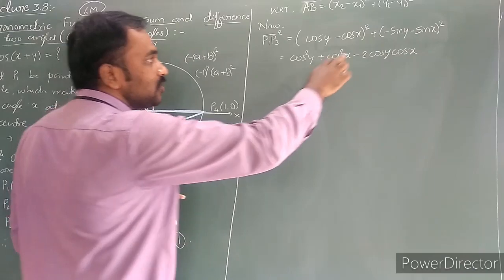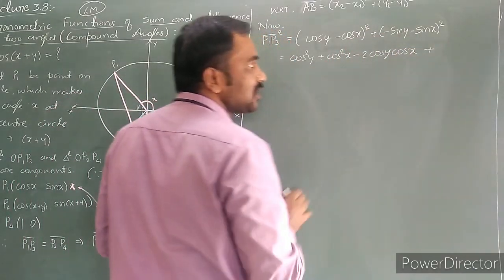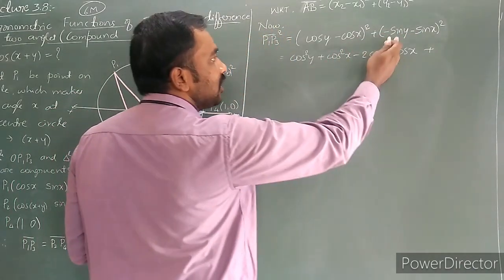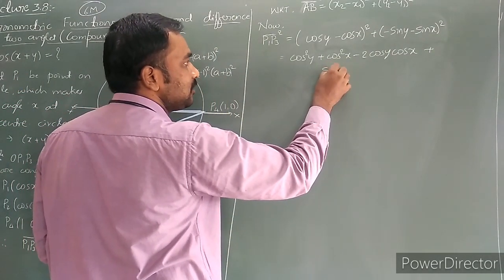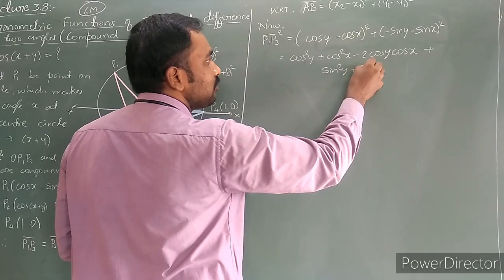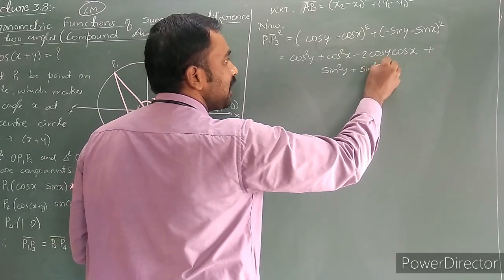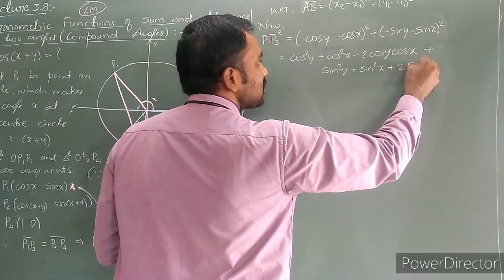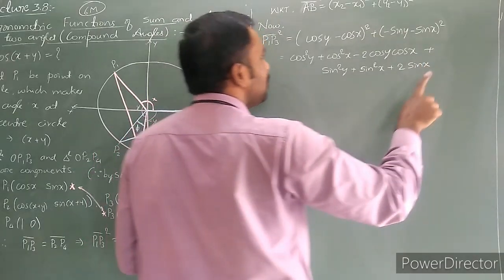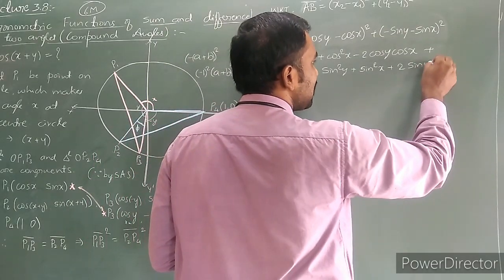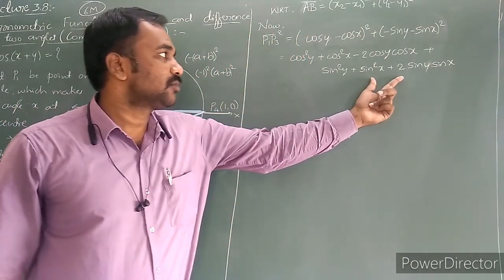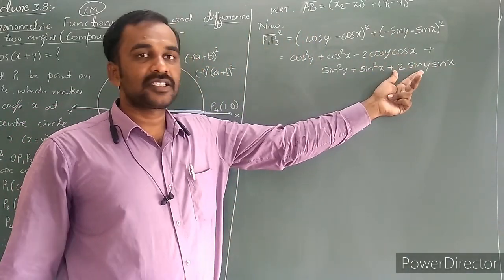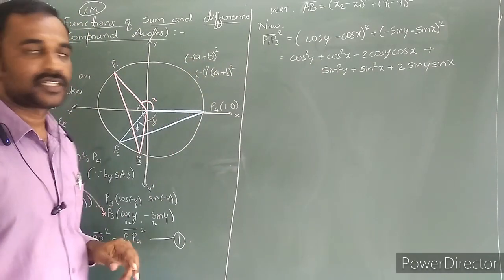It is of the form (a plus b) whole square. What will we get? Sine square of y plus sine square of x plus 2 sin x into sin y, or sin y into sin x; none other than the same. Are you clear about this one? This bracket value I have written here due to this condition.